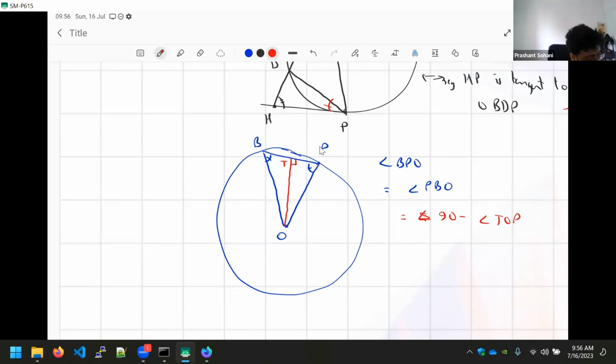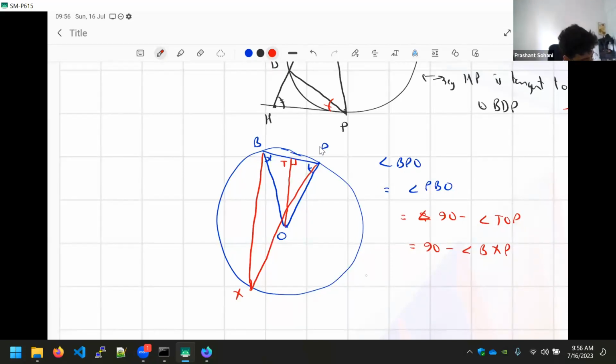And in fact, if I have any other point on this circle, let me take any other point, X, let's say. Then this is equal to 90 minus angle BXP, because TOP and BXP are going to be equal. And why are BXP and TOP equal?